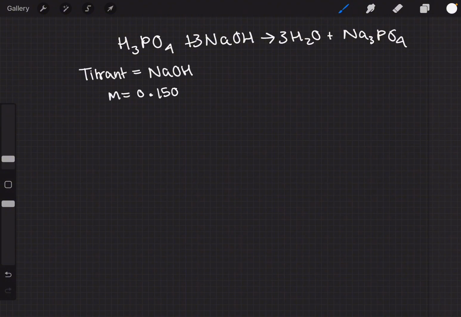And that's just sig figs, obviously. And then our analyte, the solution that we don't know the concentration of, was phosphoric acid. We had 15 milliliters of it.